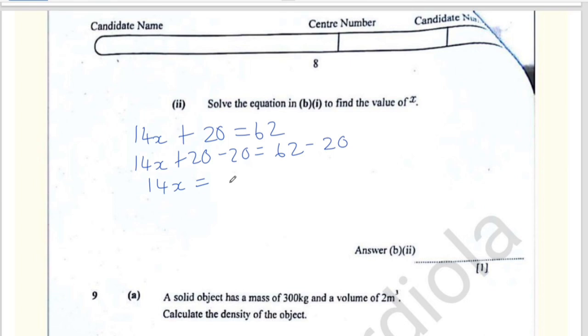So 14x is equal to 42. And then we divide both sides by 14. Dividing 14 by 14, you get 1, and dividing 42 by 14, you get 3. So our value for x is equal to 3. Okay? And that's it.